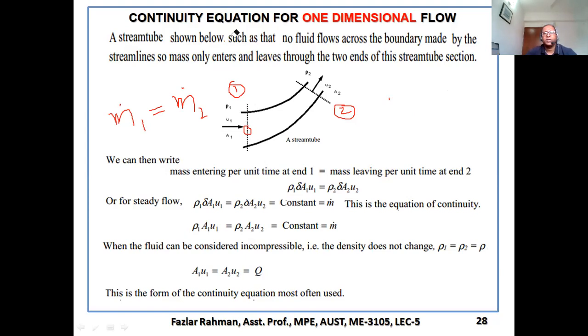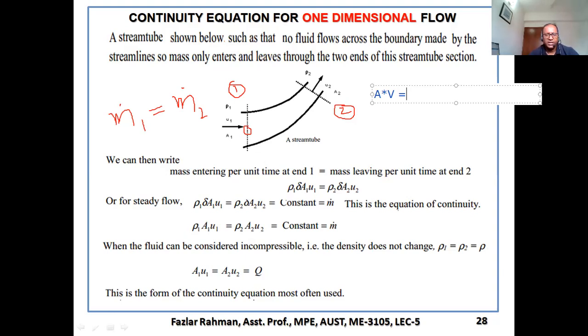I think I already showed you that if you multiply the area by the velocity of the fluid, then you get Q. That means the volume of water flowing per unit time.